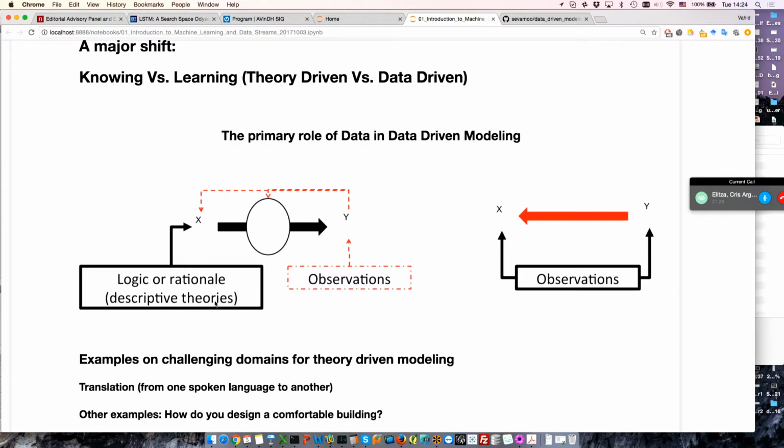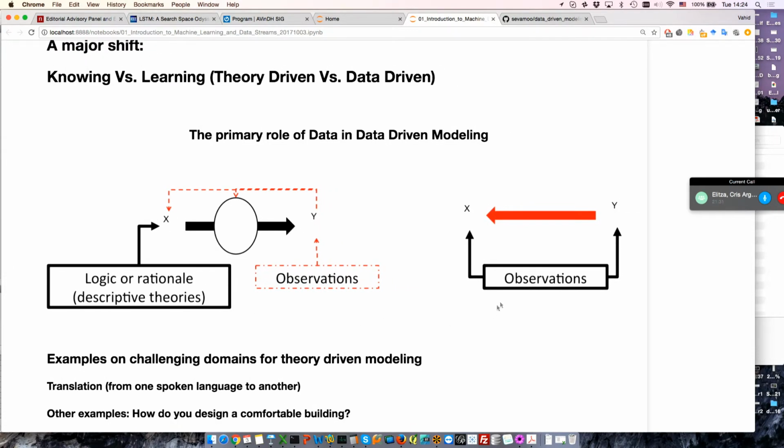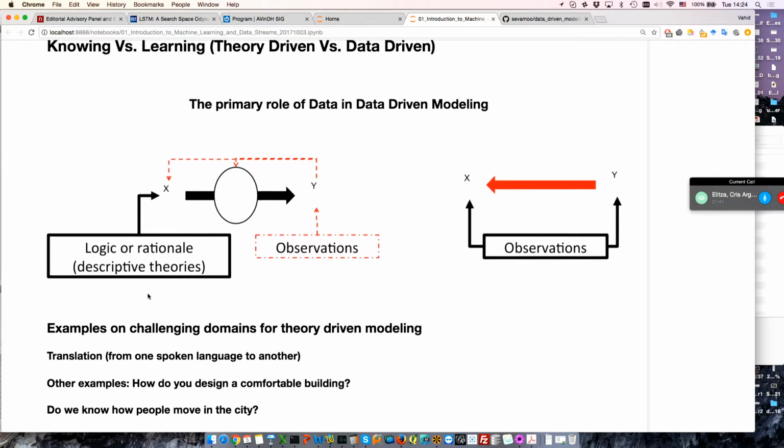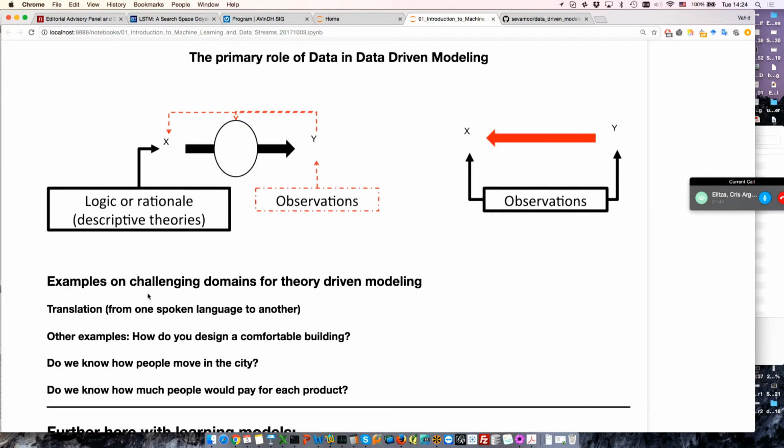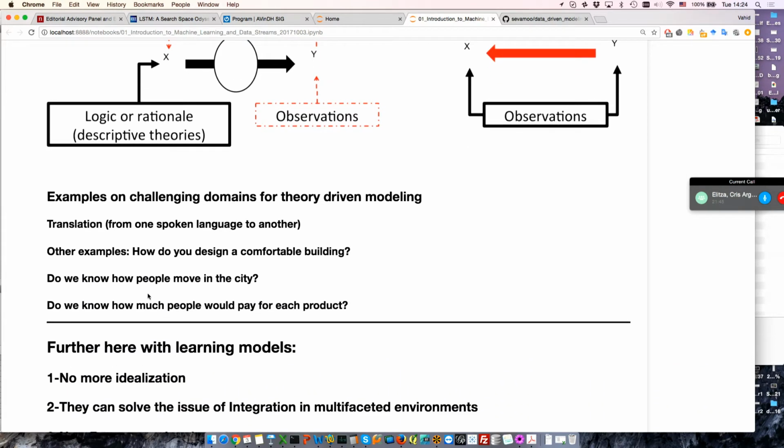And if it's correct, you say, okay, it was correct. With data-driven modeling, you forget about this logic and rationale, because in many cases, in complex setups, you don't know the rationale. For example, as I told you, traffic, or one maybe very interesting application would be natural languages.